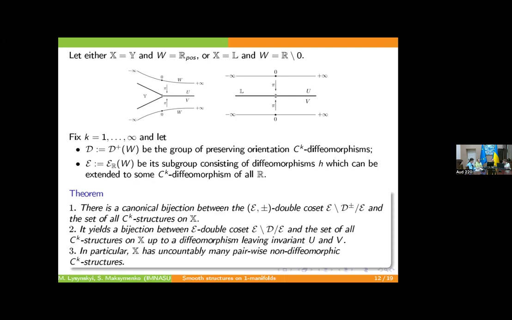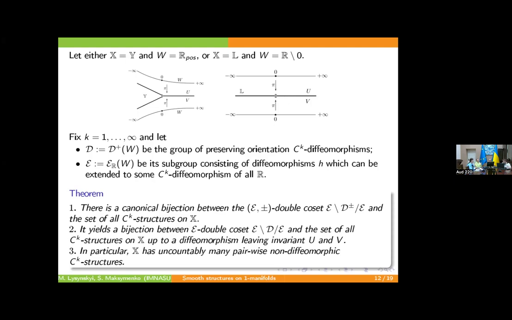So, for example, look at the letter L here. Take a diffeomorphism which is linear on this part, it is multiplication by 2, and on this part it is a multiplication by 3. If we extend it by 0 at 0, this is not a diffeomorphism. The derivative is not defined at 0, but it is a well-defined diffeomorphism of the set of non-zero numbers.